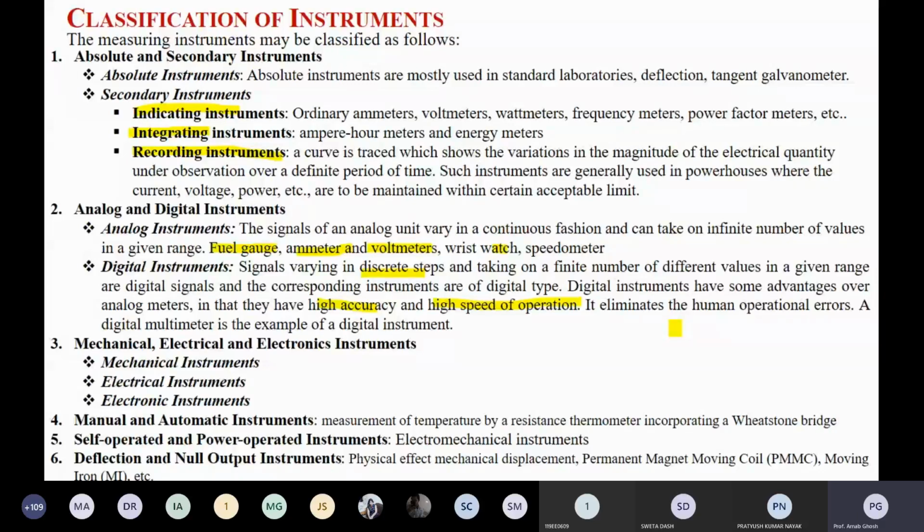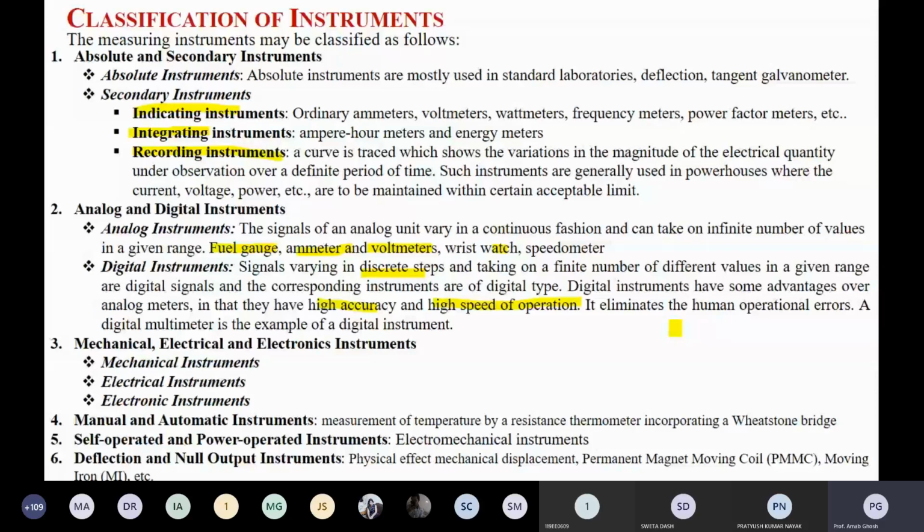Then you need to change it again. You dismantle the previous voltmeter and connect a 300 volt range voltmeter, and maybe the result comes below 100. You didn't know the range of the value, it was unknown previously.